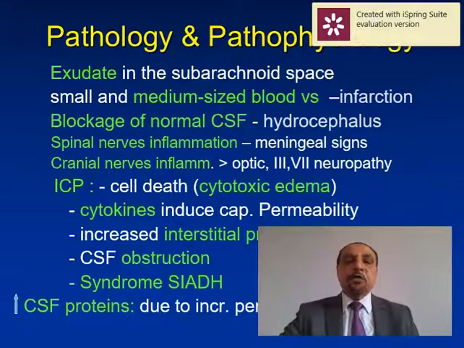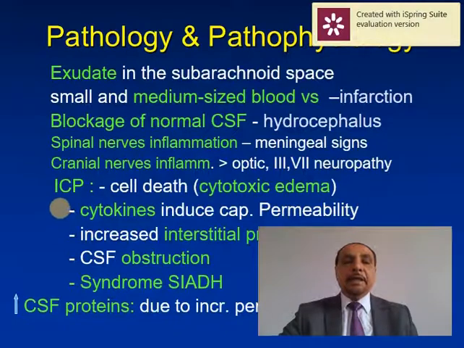The infection may cause blockage of the normal CSF flow in any place, especially the aqueduct of Sylvius, and this will cause hydrocephalus. There will be spinal nerve inflammation, and this inflammation will cause the meningeal signs we use to diagnose the disease. And again, there will be cranial nerve inflammation, like the optic nerve, the 3rd and 7th nerves, causing neuropathy.